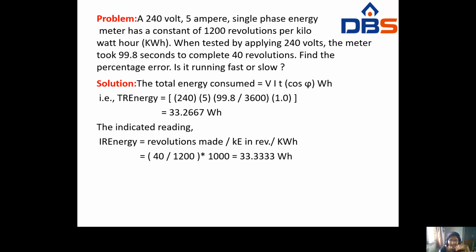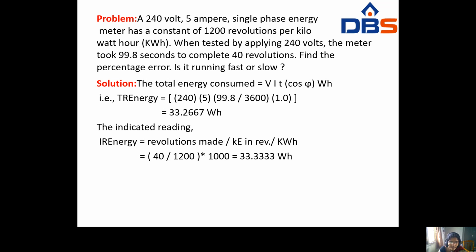V value is 240 volts, I value is 5 amperes, t value is 98.9 seconds, converted into hours by dividing by 3600. The power factor is not mentioned, so you have to take the power factor as unity, 1.0.